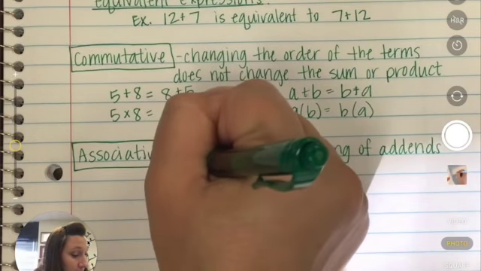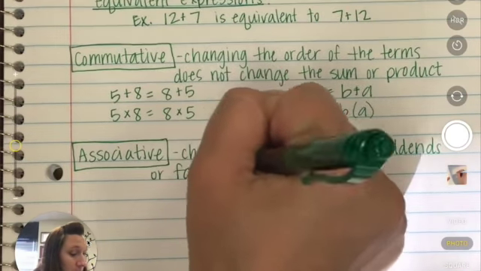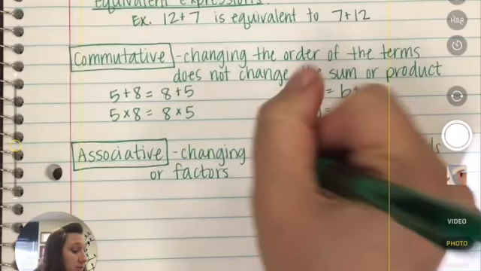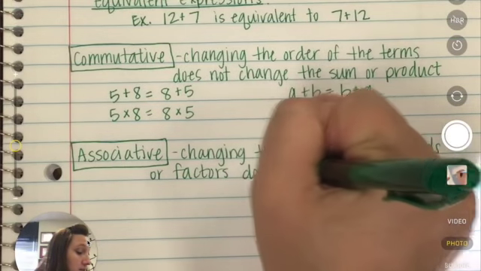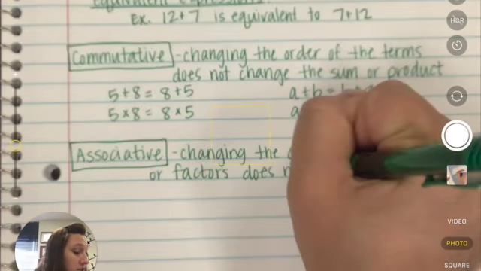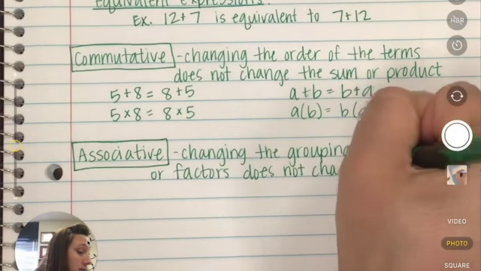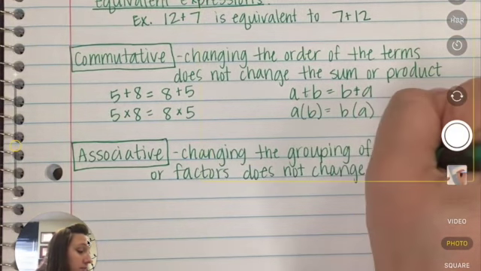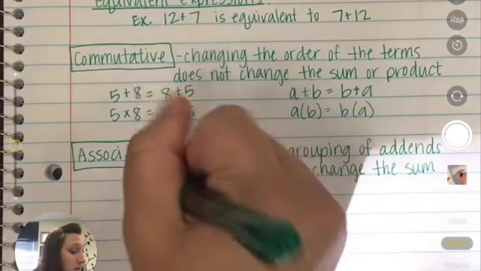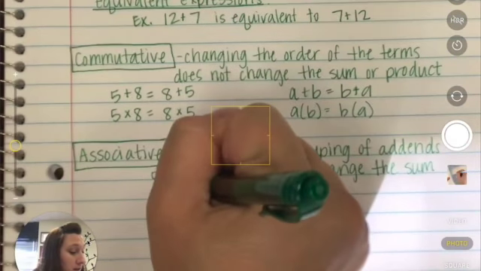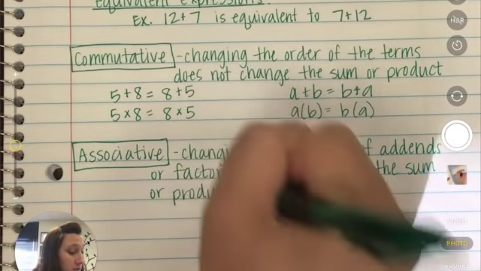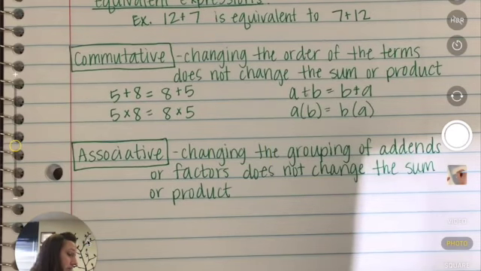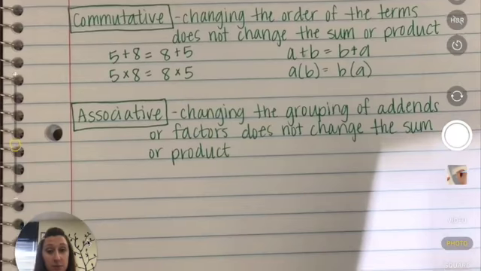Or factors, which are the parts of a multiplication problem. Changing the grouping of addends or factors does not change the sum or the product of our expressions. We'll look at some examples of that. Push this up here.